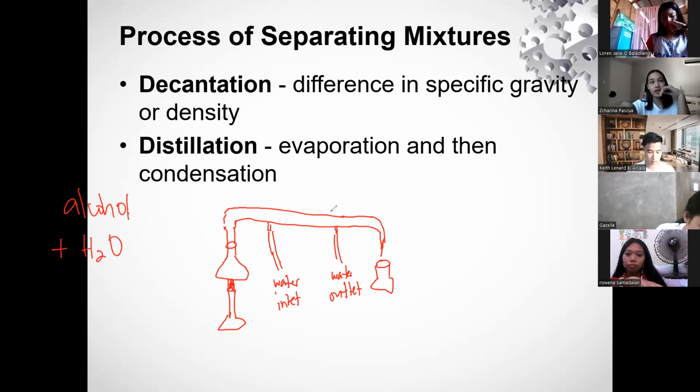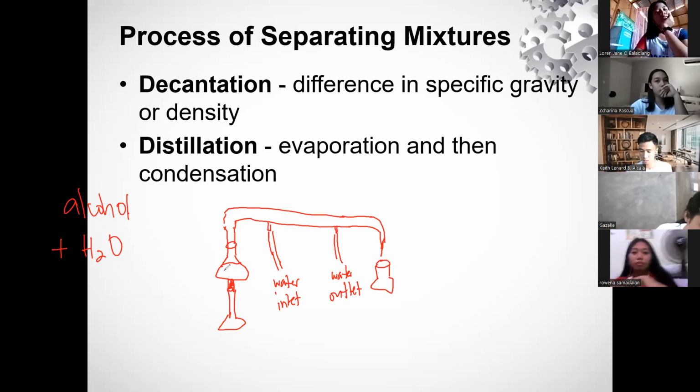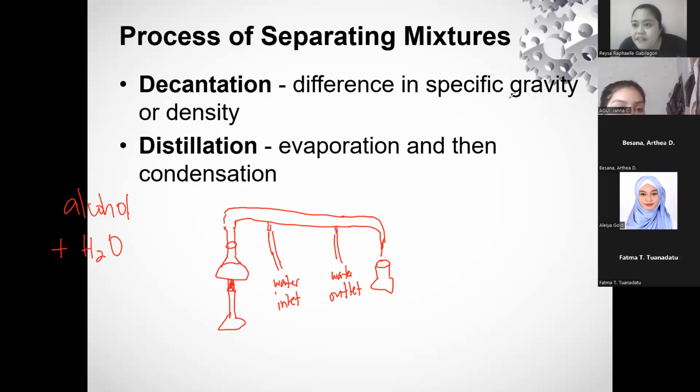Walang chemical reaction si alcohol and si water. So, ang gagawin natin, ilagay natin dito sa flask yung mixture na may alcohol and water. I-subject natin sa heating. And then, we wait until one of them evaporates. Syempre, ang pinakaunang mag-evaporate dyan, yung pinakaunang magbo-boil, and that is the alcohol. You know that, no? Na madaling mag-evaporate ang alcohol. So magiging gas si alcohol class.